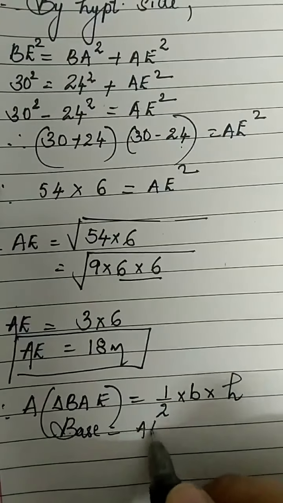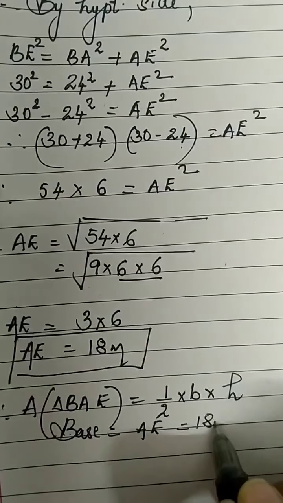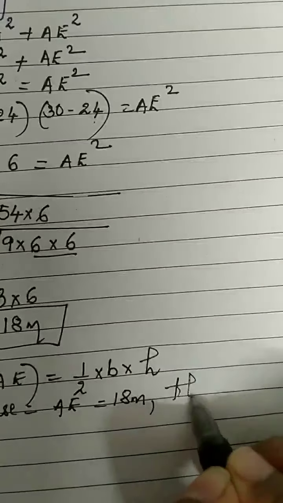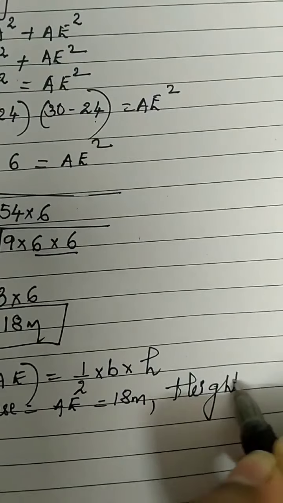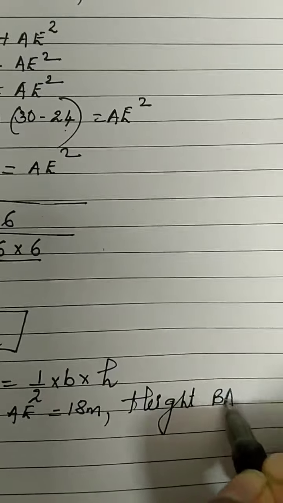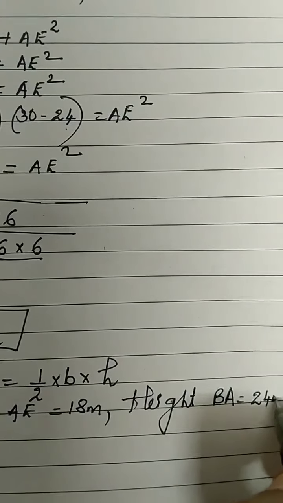Base is AE, which is equal to 18 meter, and height is BA, which is equal to 24 meter.